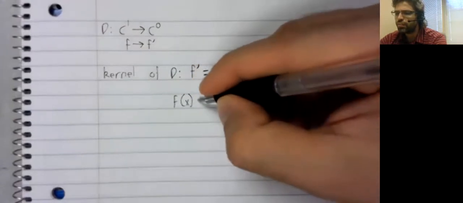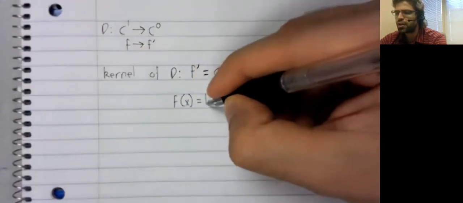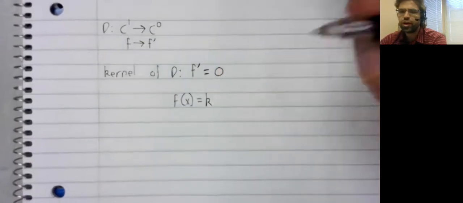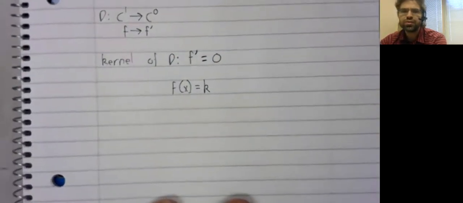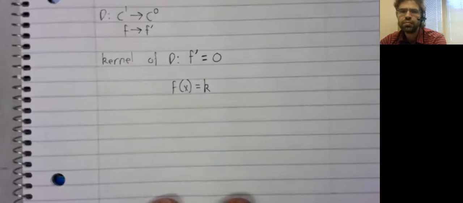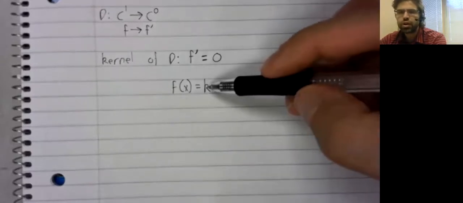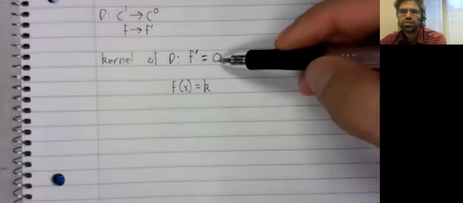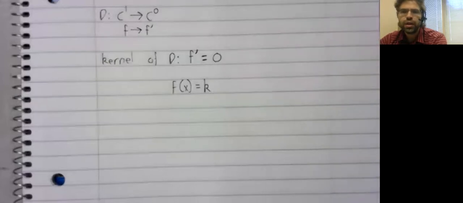Certainly, every constant function has that property. The derivative of a constant function is 0. And it's a theorem of calculus 2 that only constant functions have that property.